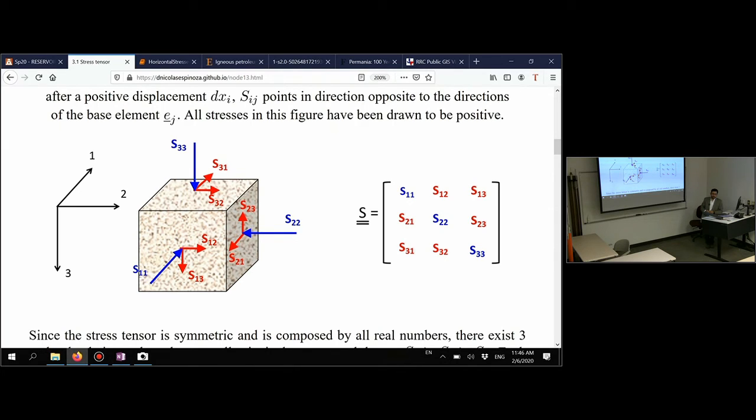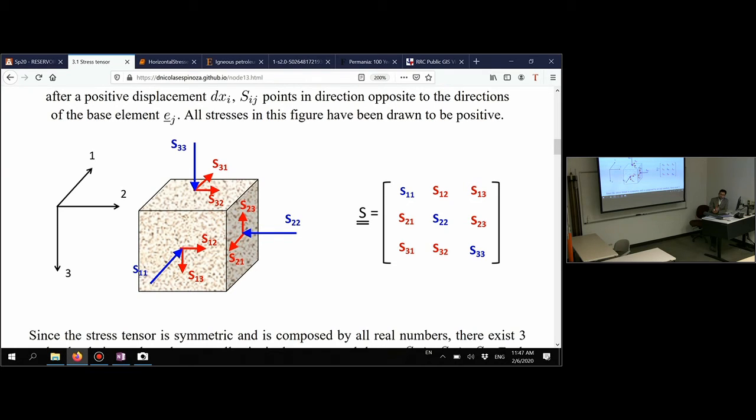All right. We were saying that compression is going to be positive, right? And with this convention, that means that a stress is going to be positive whenever the direction of this arrow is pointing opposite to the direction of the coordinate system when it is applied on the opposite face of the prism.